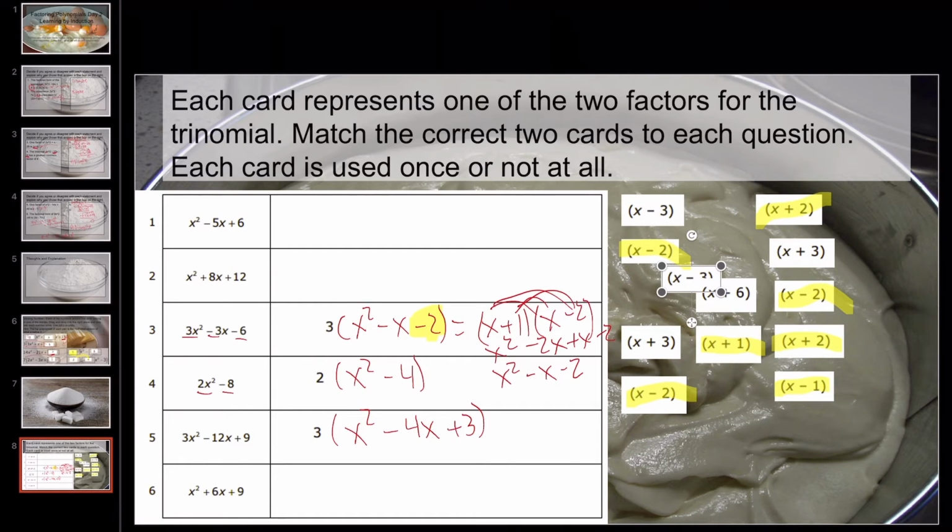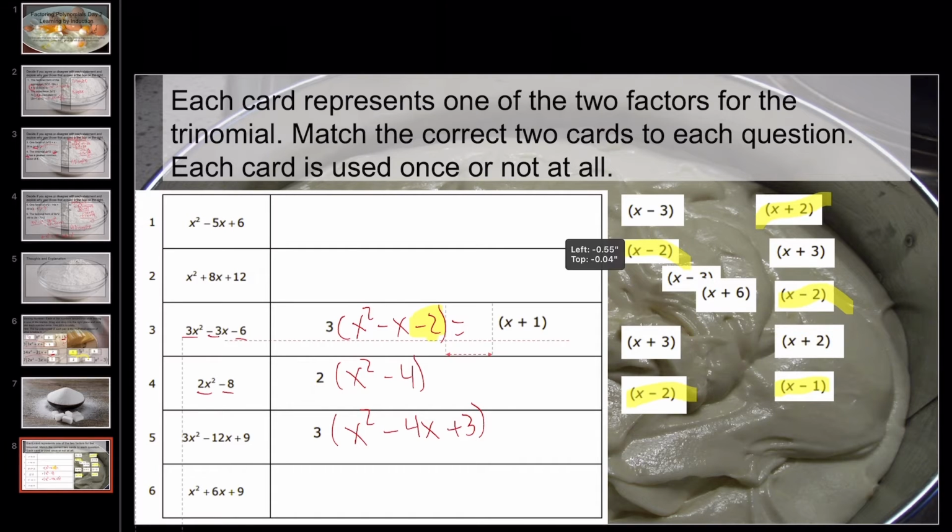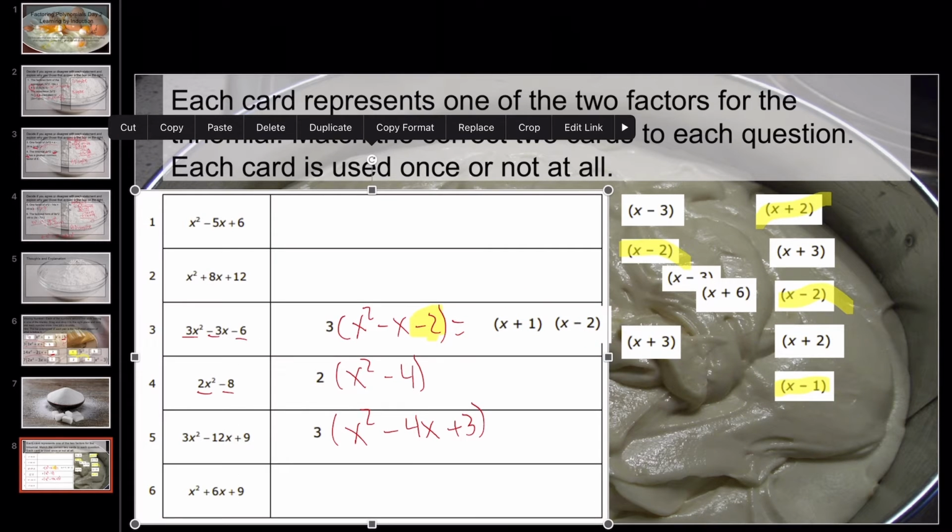So that means, let me erase my work. The answer to number 3 is 3 times x plus 1 times x minus 2. 3 times x plus 1 times x minus 2 is going to make that answer.